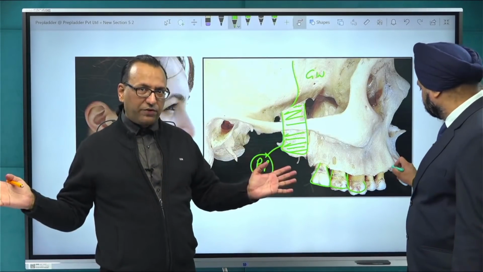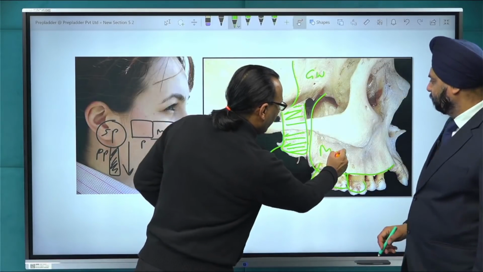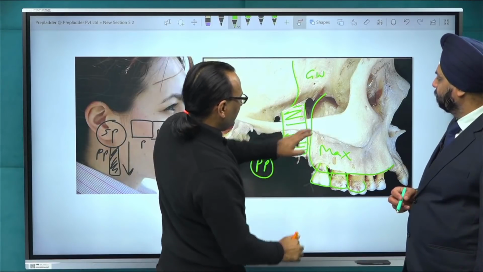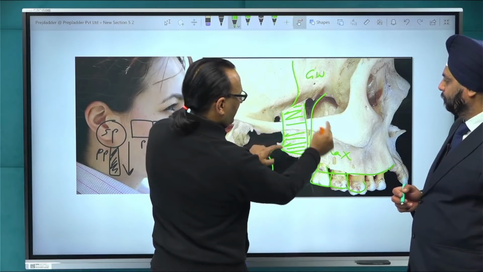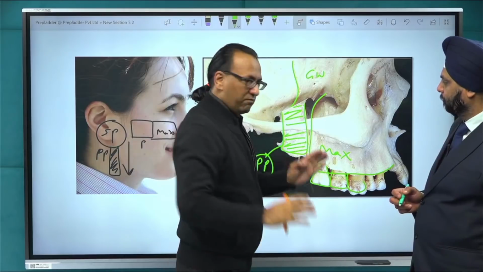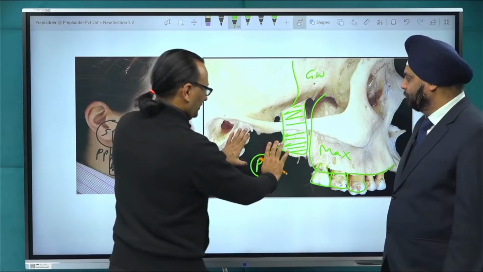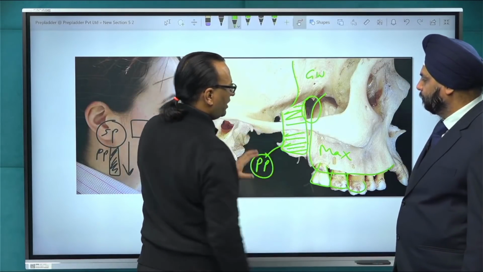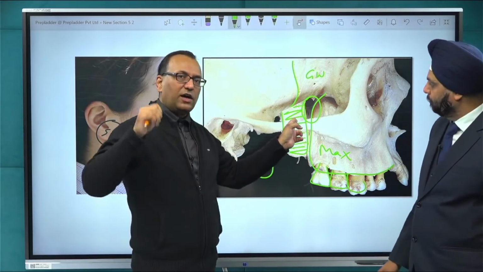Maxilla, more laterally. But if you go more medially, first of all, you can talk about pterygomaxillary space. But if you go deeper, maxilla is lateral. What is more medial? Palatine. So what will the pterygomaxillary space become? Pterygopalatine space. This is the area we are talking about, and that is where you will have the pterygopalatine fossa and ganglion.